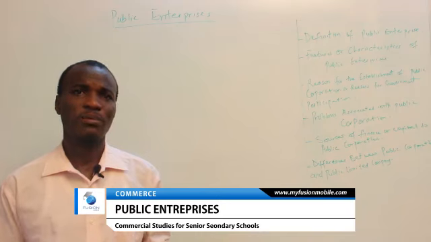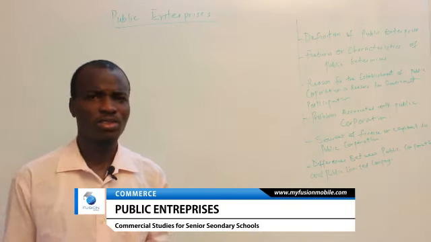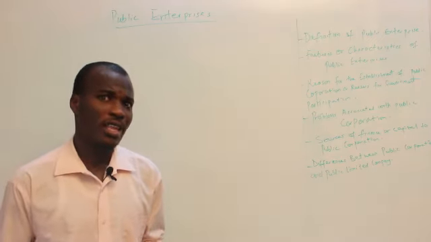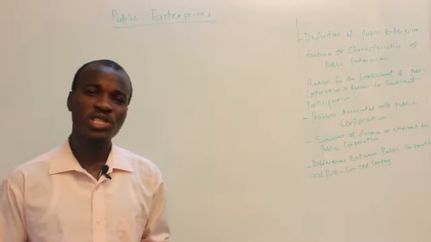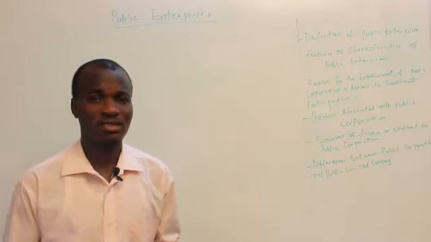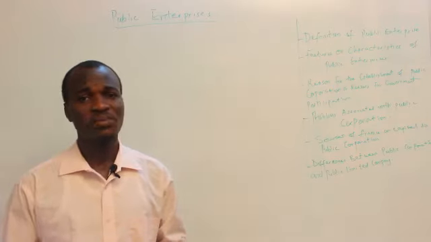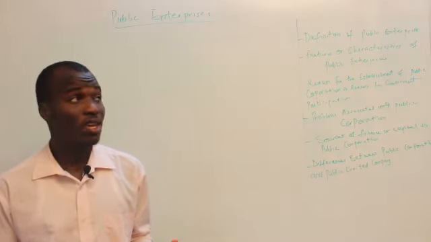And how does the government source for the finance in the establishment of this company? Such enterprises are usually financed through money received from taxes. That is, the total amount of tax collected from the taxpayers is used in the establishment of such a corporation.